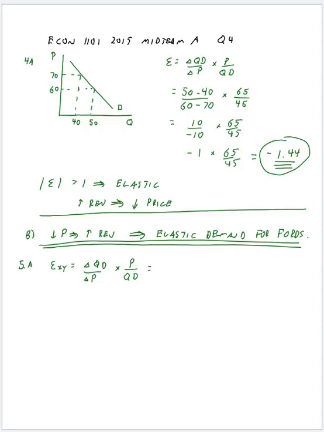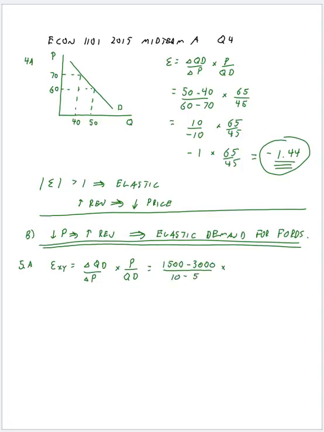So the change in quantity is going to be 1,500 minus 3,000. And the change in price is 10 minus 5.